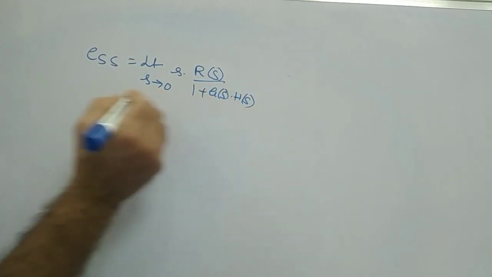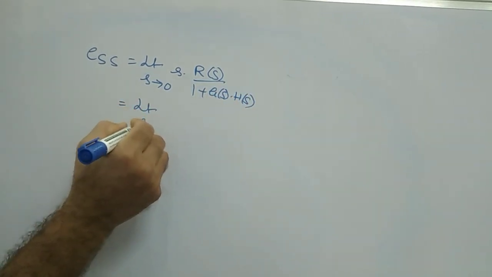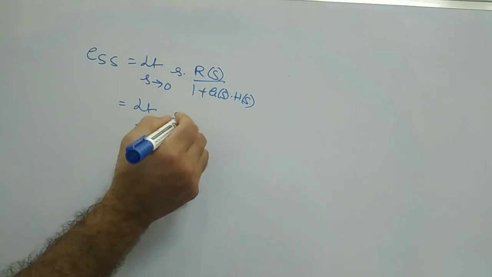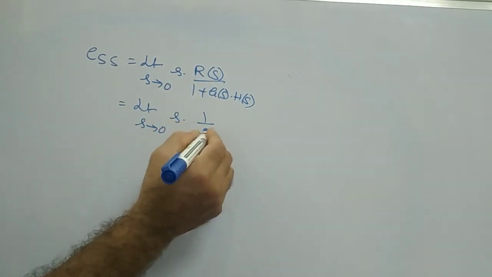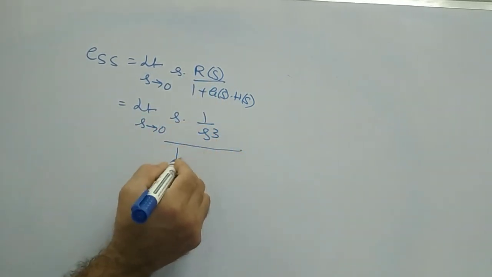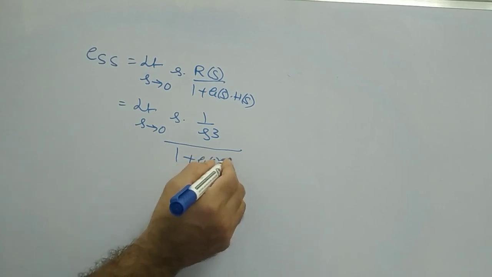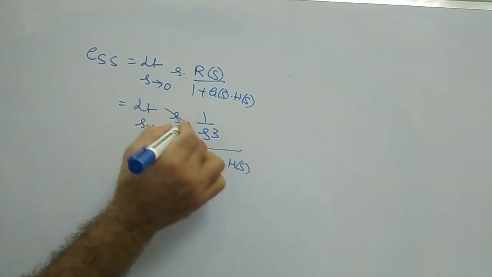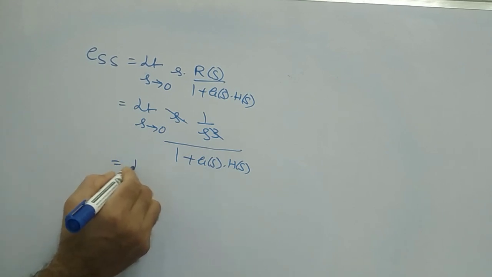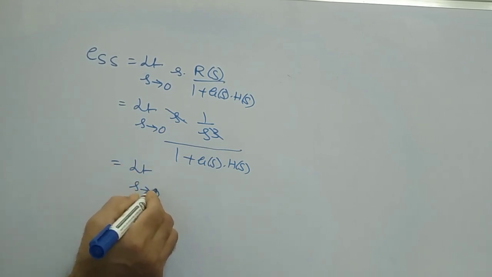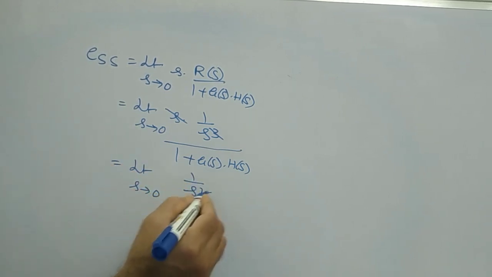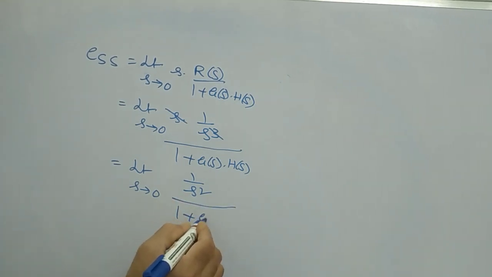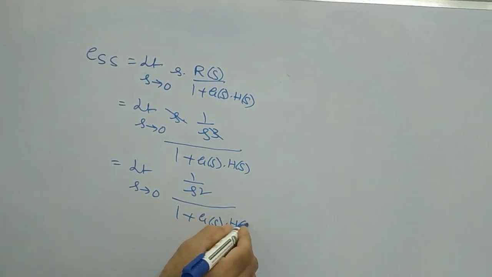This is equal to limit s tends to 0 of s into 1 by s cube by 1 plus G of s into H of s. Here s will be cancelled out, then it is limit s tends to 0 of 1 by s square by 1 plus G of s into H of s.